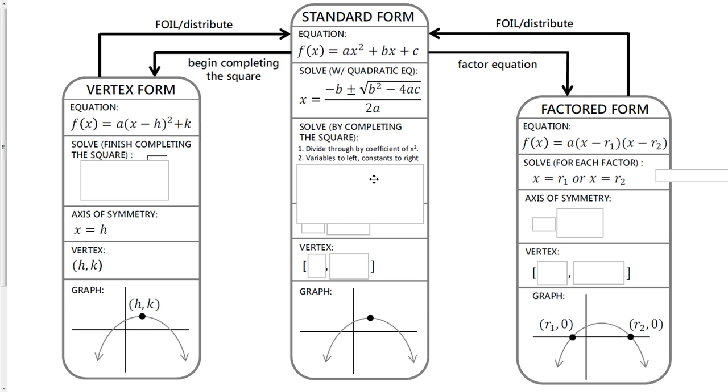Second step is to get the variables on the left and the constants on the right. So in this case here, we get our x squared and x terms over on the left side of the equation. We get our constant, our c, over on the right side by adding or subtracting terms. Then we complete the square. Let me go ahead and write out a quick example here.